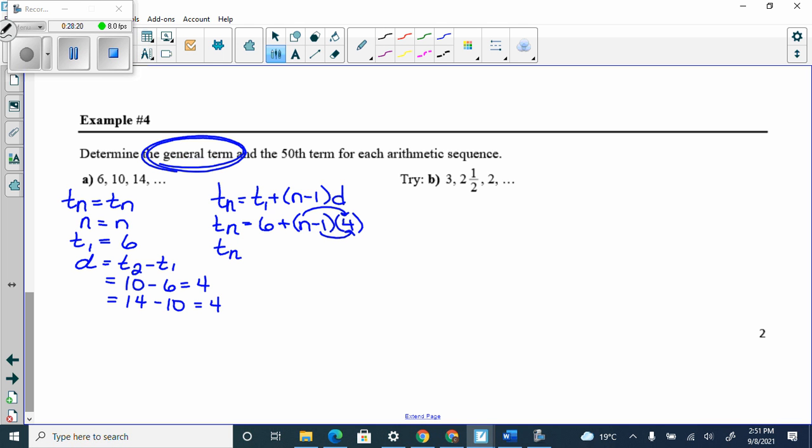Your T is normal, your n is subscripted. So Tn equals 6 plus n times 4, 4n, negative 1 times 4, negative 4. And then I can collect two like terms, these two. So Tn equals 4n, 6 minus 4 is plus 2. There's my general term.